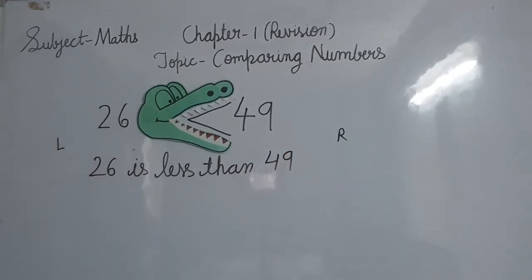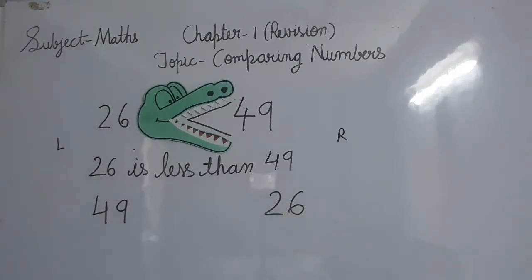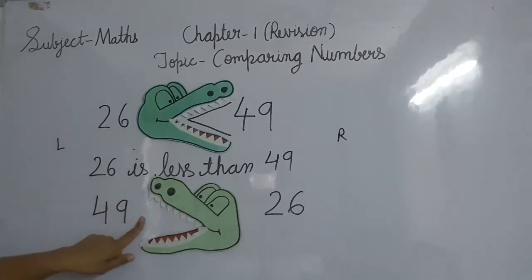Okay, and what happens if the 49 is here and the 26 is here? That time what will the crocodile do? It will open the mouth towards the 49. See here. This time it will eat the 49 because it's a bigger number, and it always loves to eat the bigger number.